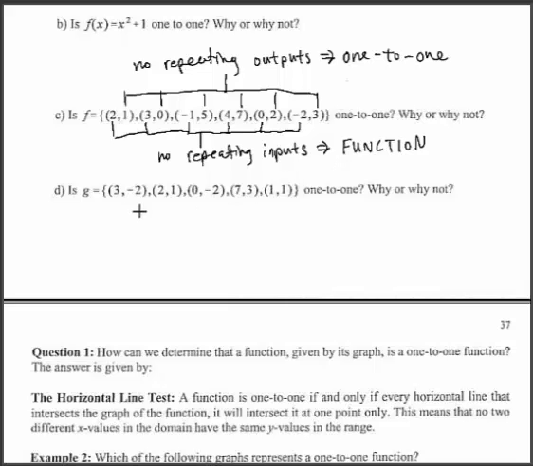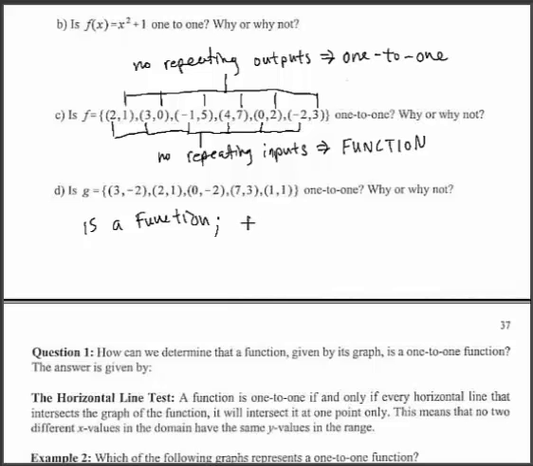We can apply the same reasoning to G. We have 3, 2, 0, 7, 1 for the inputs. None of them repeat, so this is a function. Is it one to one? Look at the outputs. We have -2, 1, and then -2 again.